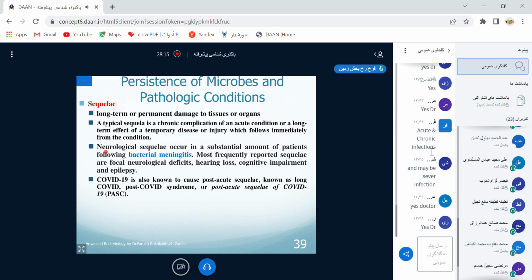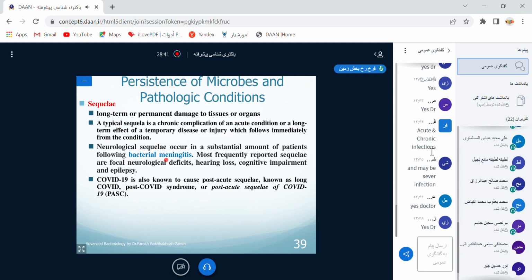Like neurological sequelae, damage to the nervous system, like the central nervous system, and permanent damage to the nervous system in a substantial amount of the patients following bacterial meningitis.